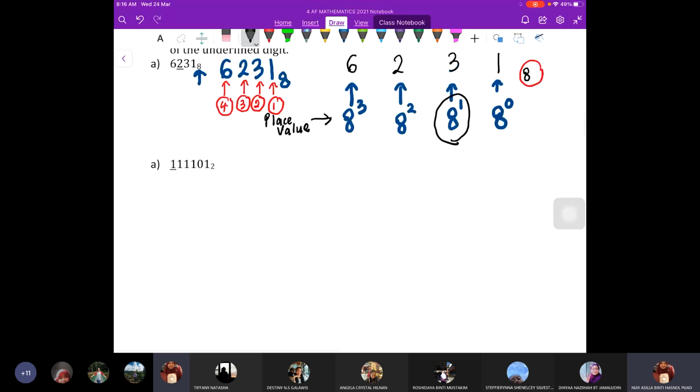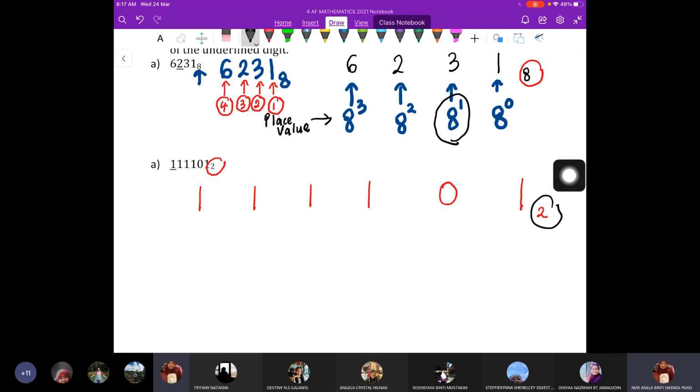This is base 2. So we have 1, 1, 1, 1, 0, 1, base 2. So we have base 2. Jadi start dengan kat belakang. Okay, belakang here will be our first digit.